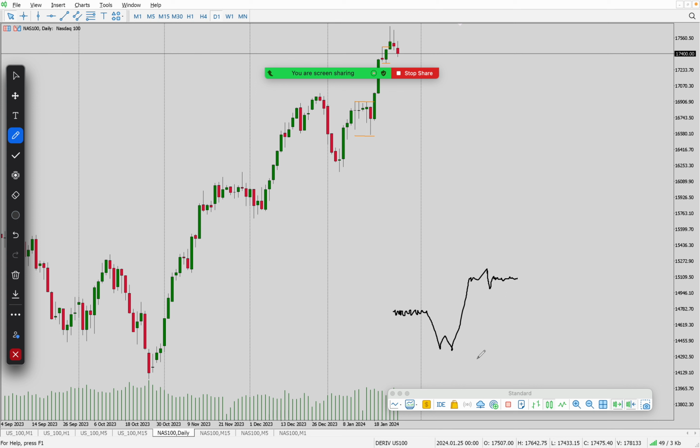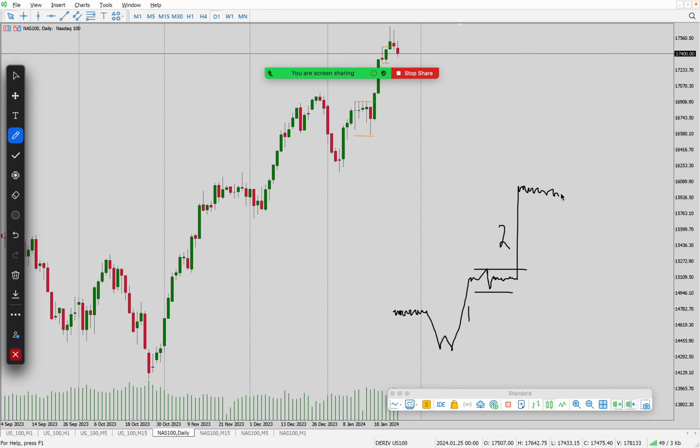All right. When this happens, you're going to call this 1. Price moves out of that consolidation as a straightaway move, and then moves back into a consolidation. This secondary push here, you're just going to label it as 2.